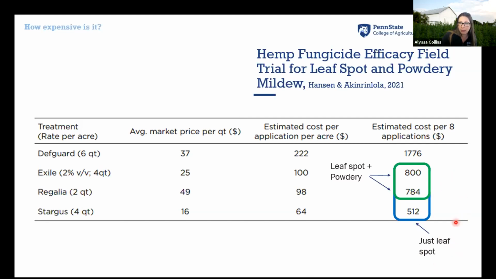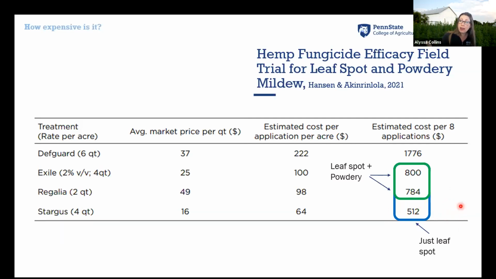So what we know is that to control with an Exile program or with a Regalia program, it's going to cost us about $800 a season per acre. And Regalia is very similar, just a little bit less. Whereas Stargus is down around $500 a season, but it only gives us control of the leaf spot.